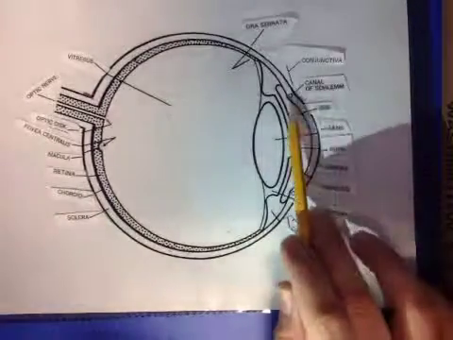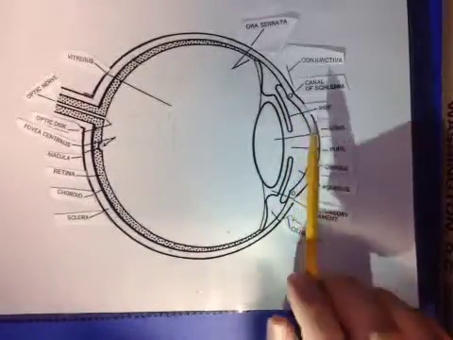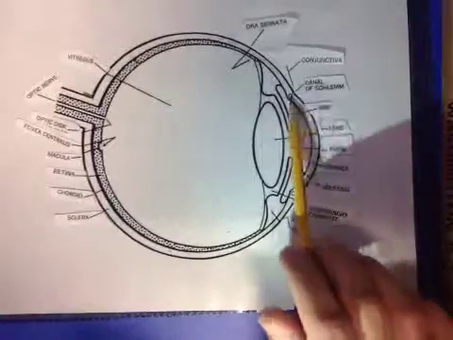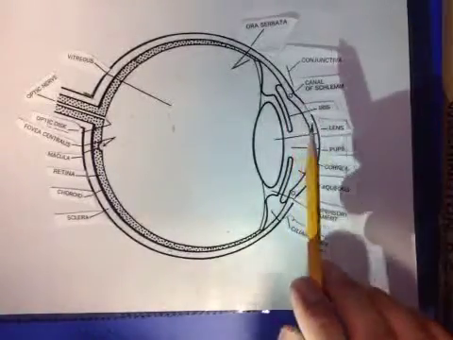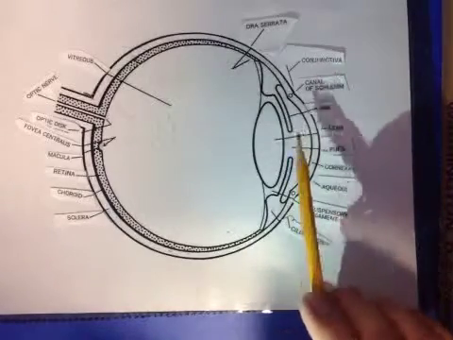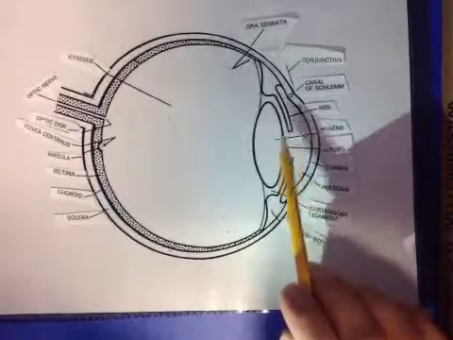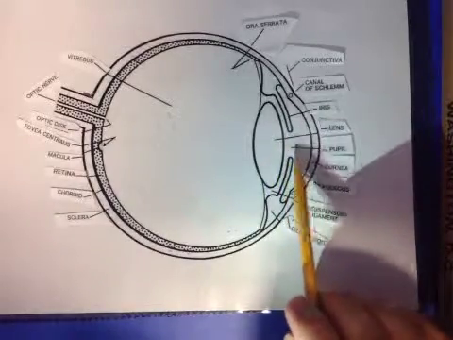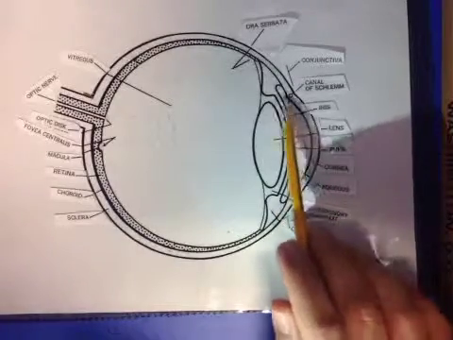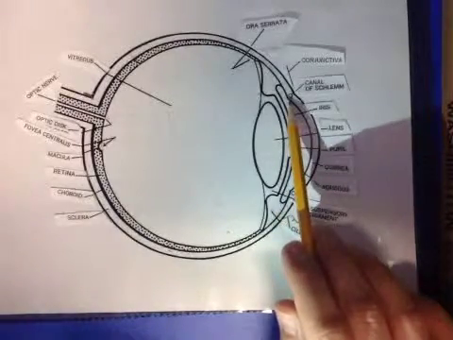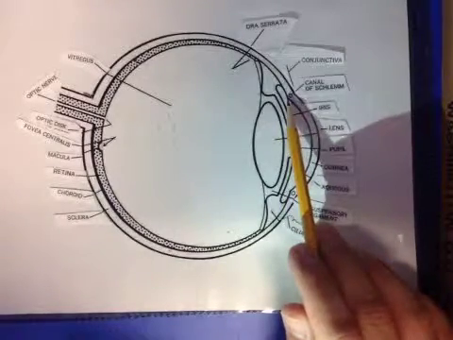Next is the canal of Schlemm, right here, and what happens when one or both become blocked. The aqueous humor, which gives nourishment to the cornea, iris, and lens, gets continually made by the ciliary body, and then it gets released through the trabecular meshwork and the canal of Schlemm.